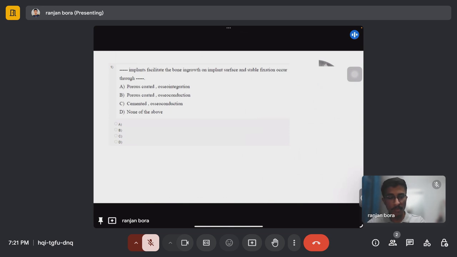porous coated is one of the options which can fit in this statement, because porous coated implants facilitate the bone ingrowth. If there are pores in the implant, then bone can grow through the pores of the implant, and the bone ingrowth process gets accelerated because of the pores.